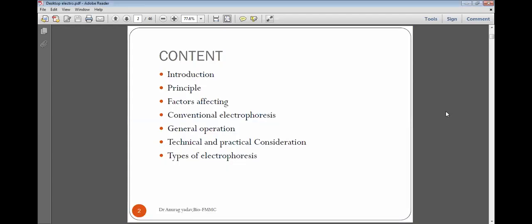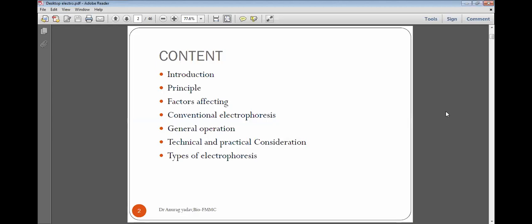So what is the technique exactly? We need to go through the introductory part. What we mean by electrophoresis, what are the advantages, what is the exact technique, what about the stationary as well as the mobile phase required, the electric current required.